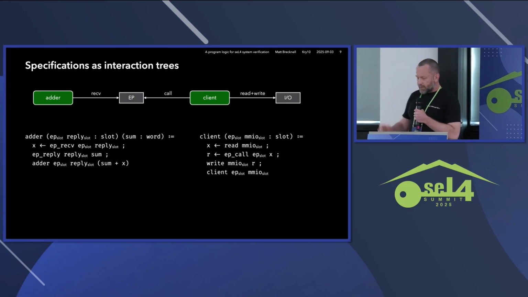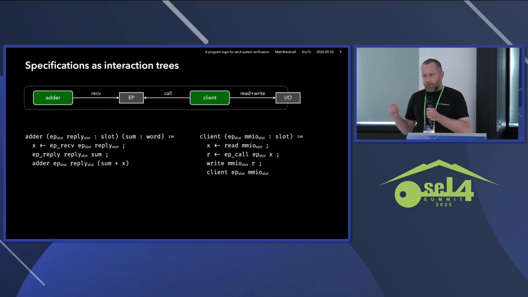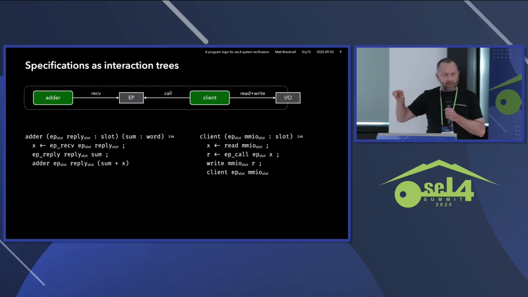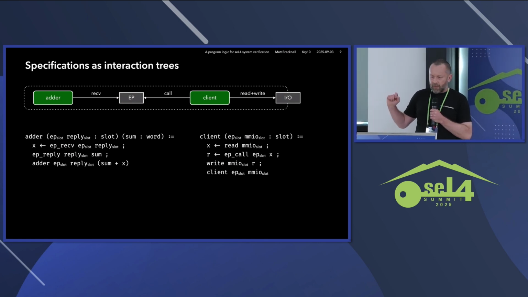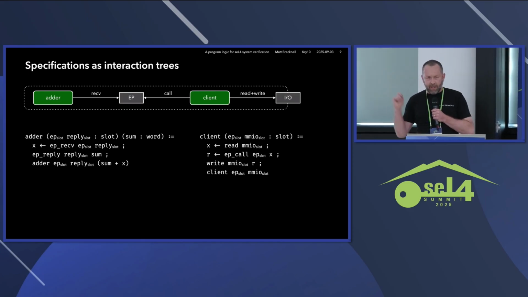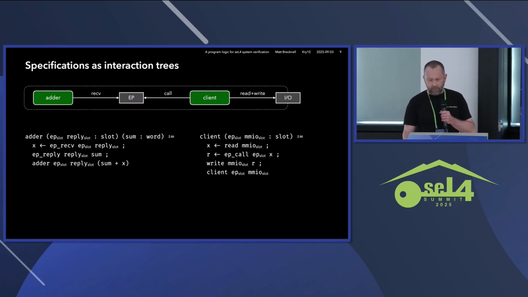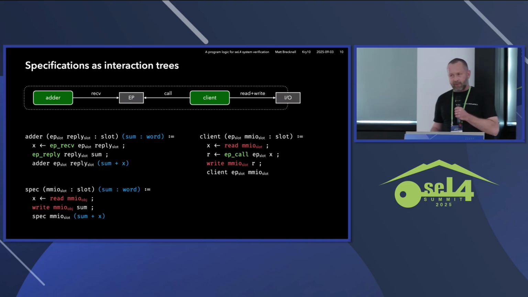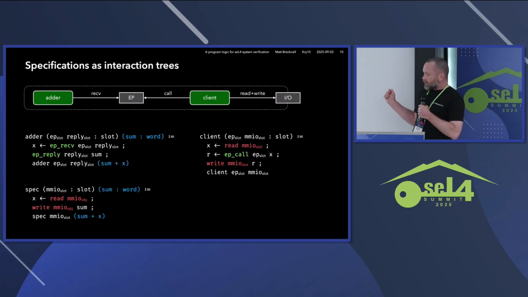Once we have these two processes, we can then think about, well, what is the system? We can draw a box around the things that are inside the system, and then identify the thing that's at the boundary, and that's the I/O port. And we can describe in another specification how that I/O port should behave.